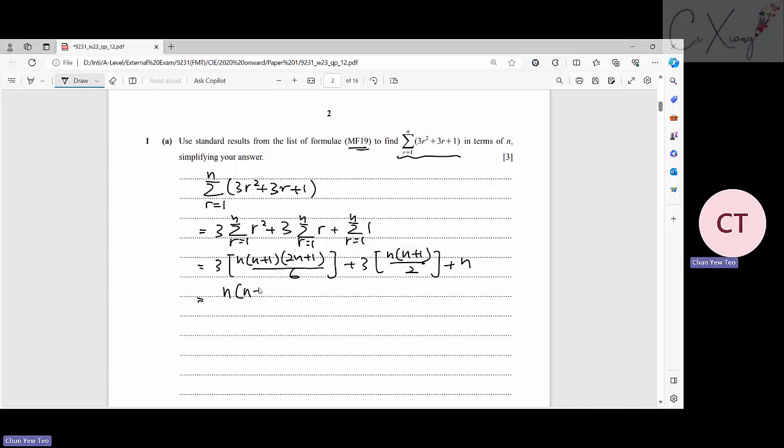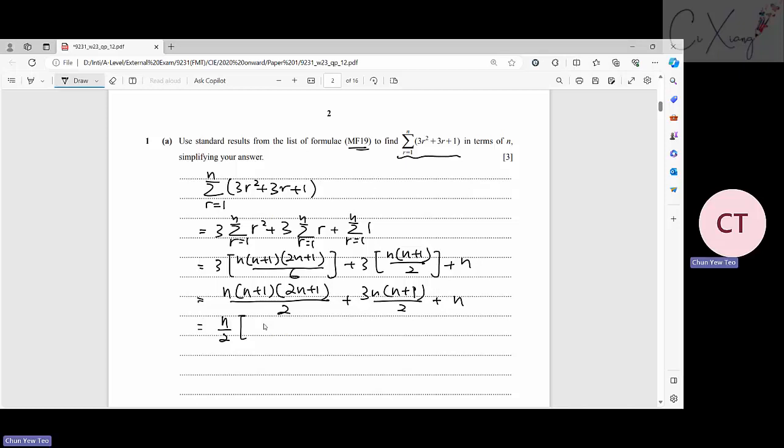I think before that, let me simplify first before I factorize. So this one I get a 2, this one I get 3n, n plus 1 over 2, and this one is n. So I will take the n over 2 out.